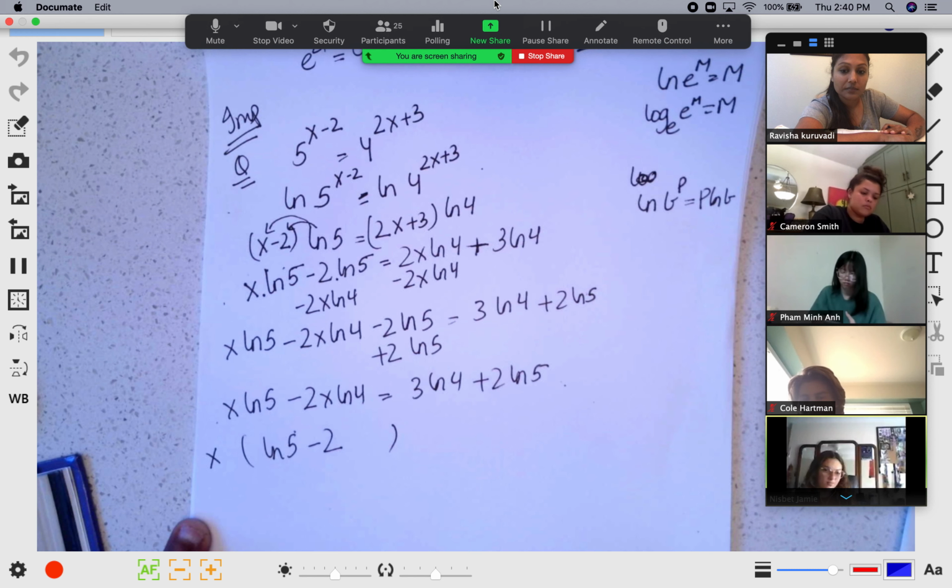Then what's the next step? And then your next step is to subtract the ln 7. So you want to subtract ln 7 from both sides? Okay, you subtract ln 7 on both sides. I get 2x ln 3 minus ln 3 minus ln 7 is equal to x ln 7.